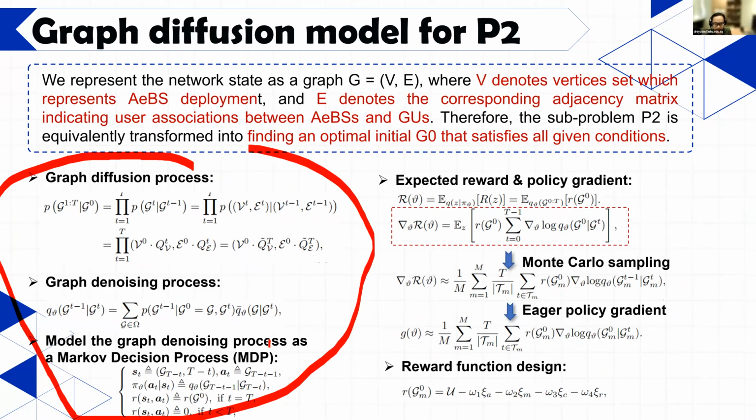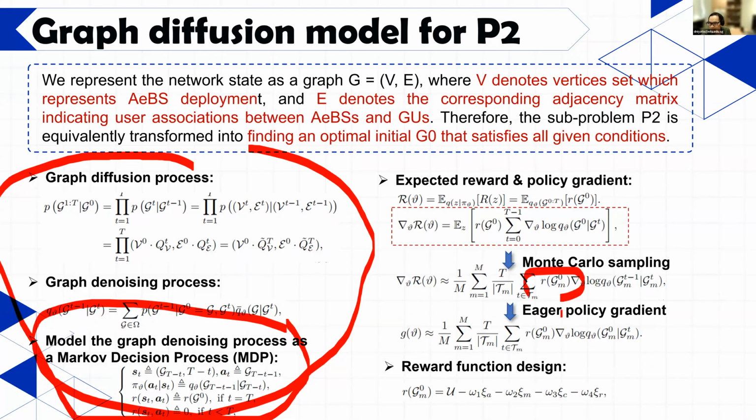And during the trajectory optimization, we select the trajectory based on the deep reinforcement learning, so we are able to incorporate that reward function. This is the reward function that we calculate based on the sample of the trajectory that we have in the matching or graph generation. So that is how the coverage rate and also the sum rate are incorporated during the denoising step in the graph diffusion model.